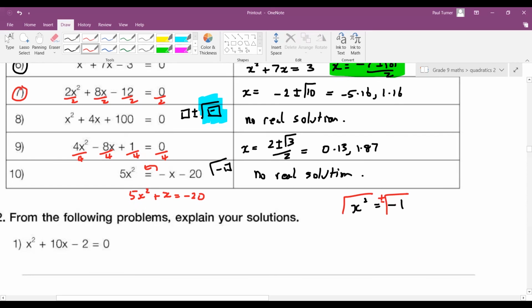And you can see there's no way to get a square root of a negative number. In your calculator, you get error. So in that case, no real solution. It has a solution, but it's not a real one, which you'll learn about later.